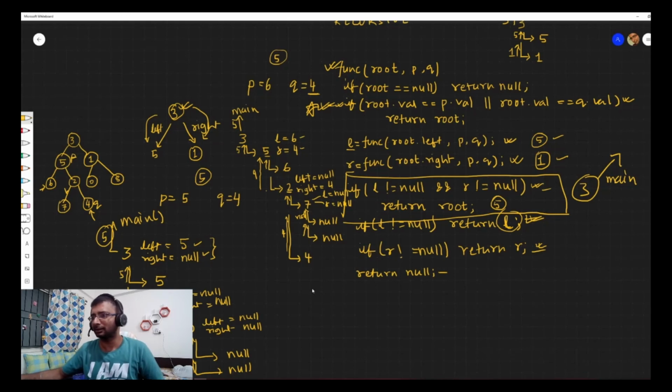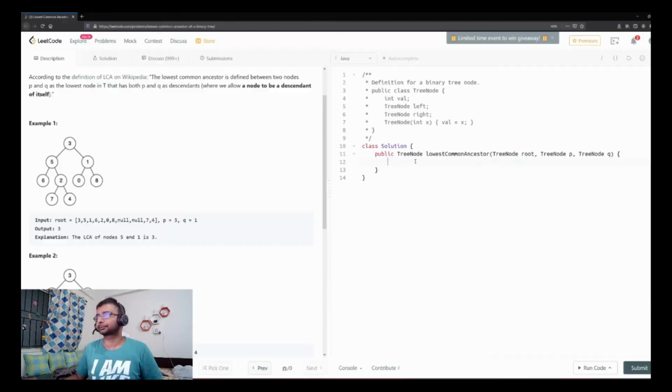So this is the entire algorithm that you see over here, and we are going to put this as is in the code without any change. So let's head over to the editor. So what happens is, just as I told you, if root is null, then we are going to return a null.